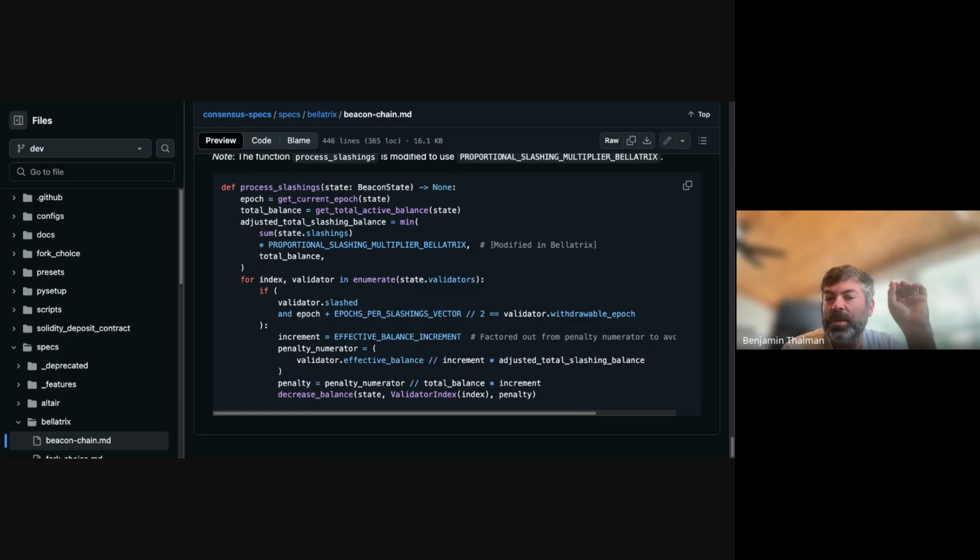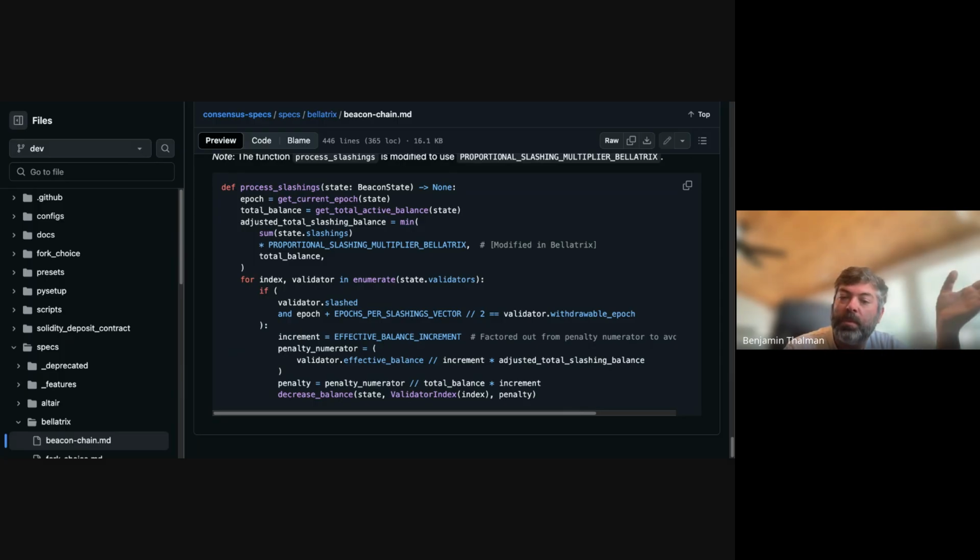One interesting thing to note, though, and this is going to be important when we go to post-Pectra, is that there's a conditional aspect to this calculation. The thing to recognize, you see floor division all over the place. What happens is that if you have a validator with 32 ETH effective balance and around 1.1% of stake commits a slashable offense, that is a threshold value.